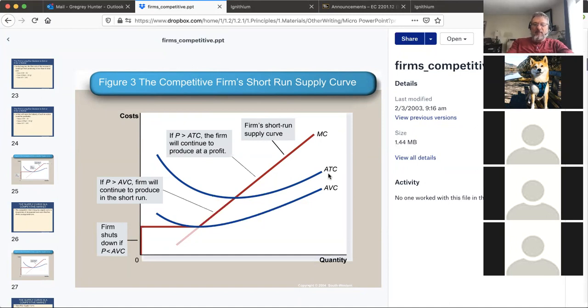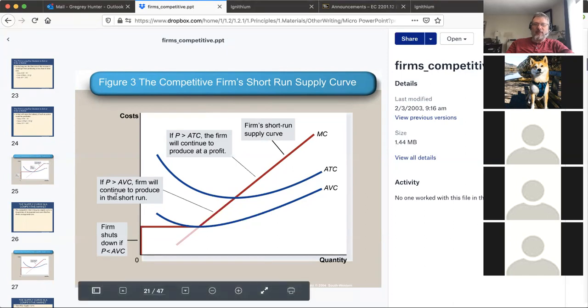And in the long run, AFC is equal to 0. So now you guys can see that the ATC would be equal to the AVC when we're operating in the long run.